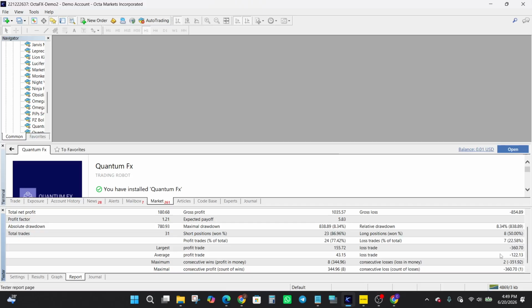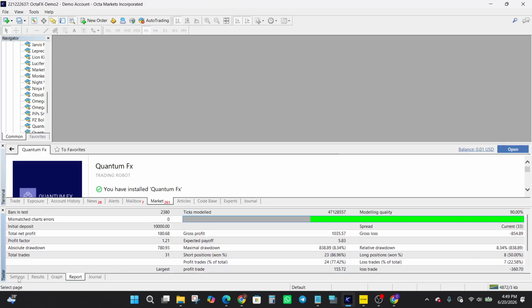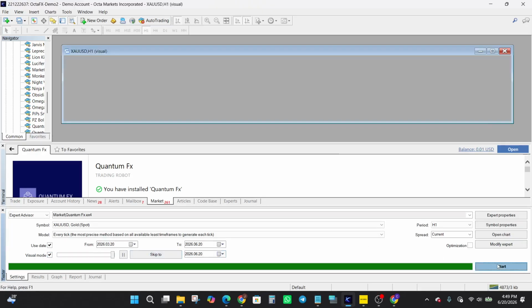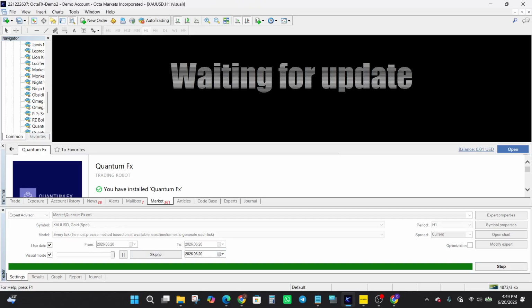So that means that the risk to reward ratio is bad, because the difference between the average profit and the average loss is quite large, right? But then let us head over to our visual mode. Let's turn on the visual mode so we can also see the EA in action.